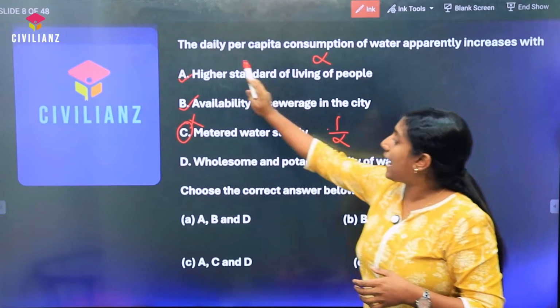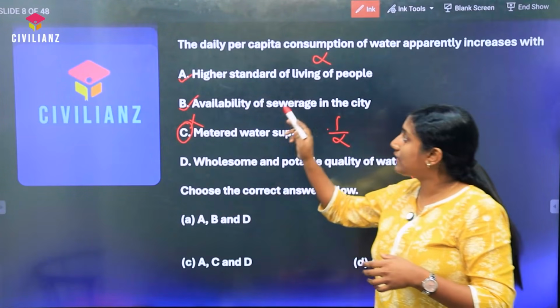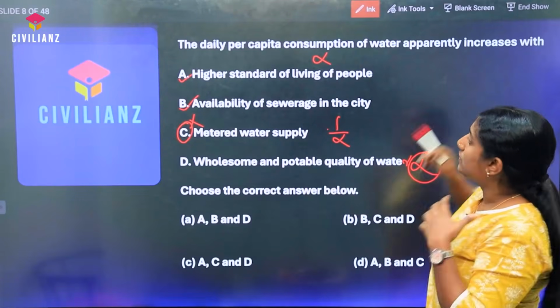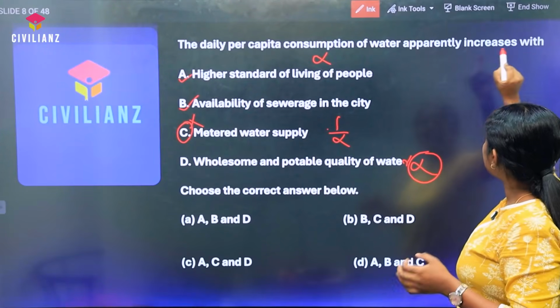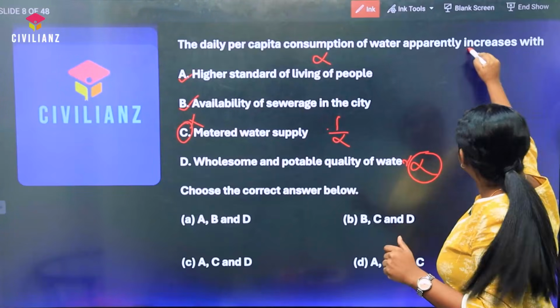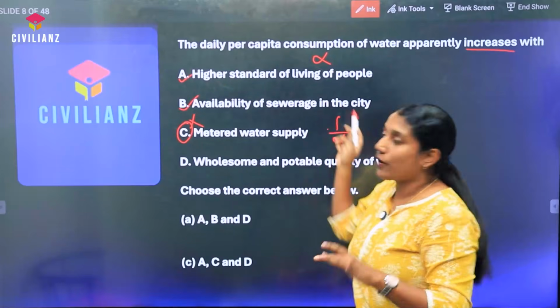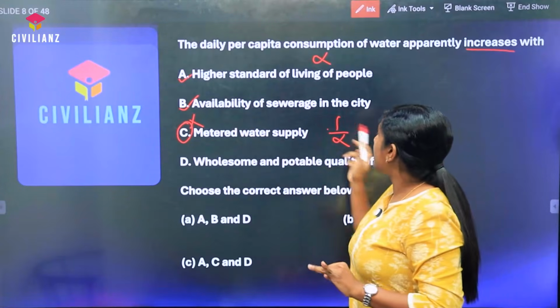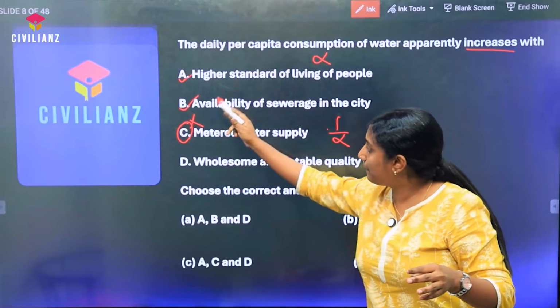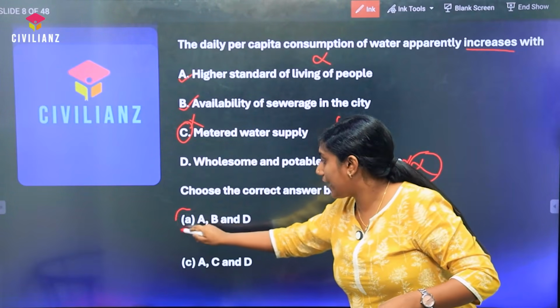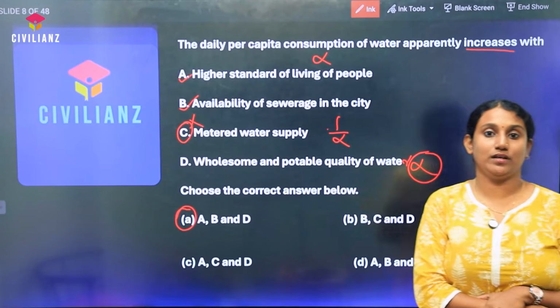So the options with higher standard of living, availability of sewer in city, and potable quality of water are directly proportional to the consumption. So we can select A, B, D. So option A.